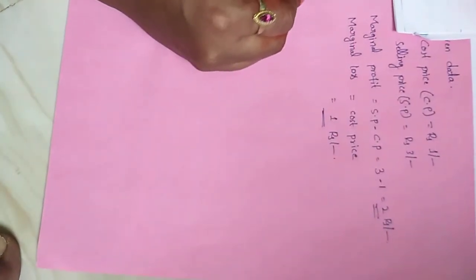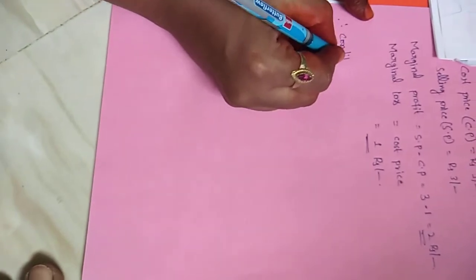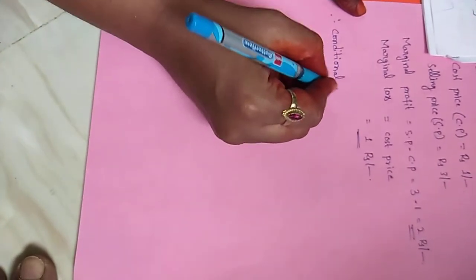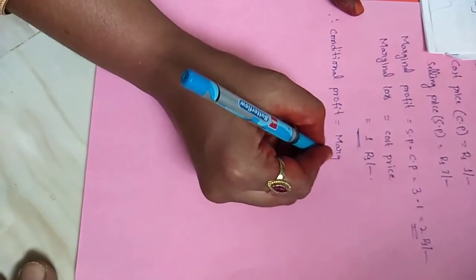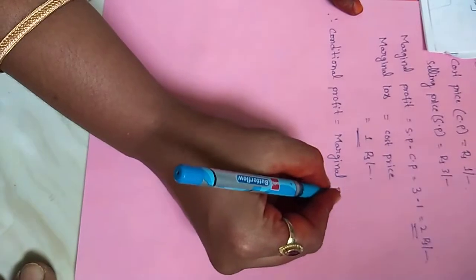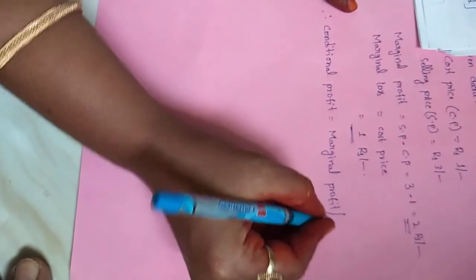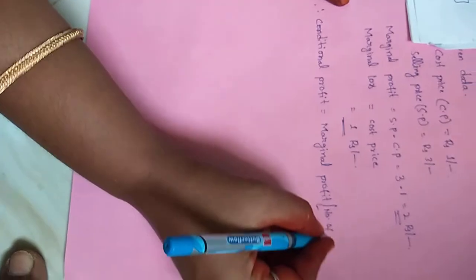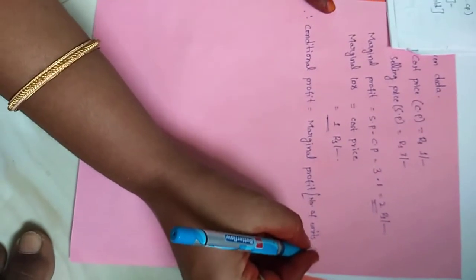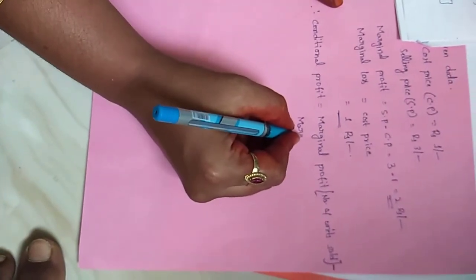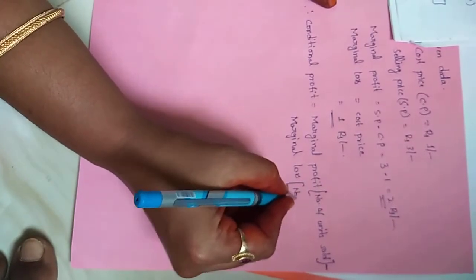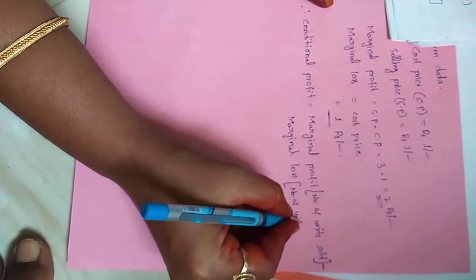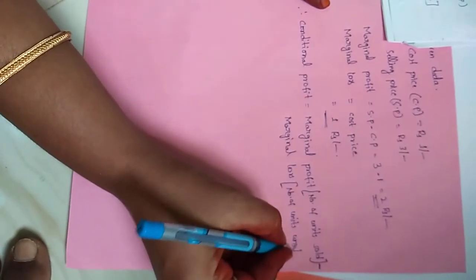Next we have one formula here, that is conditional profit is equal to marginal profit into number of units sold, minus marginal loss into number of units unsold.